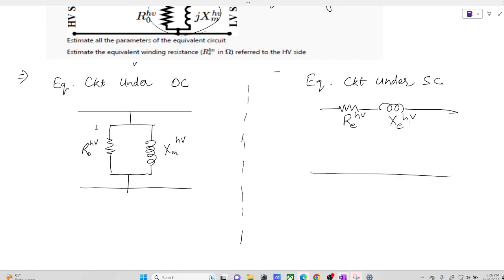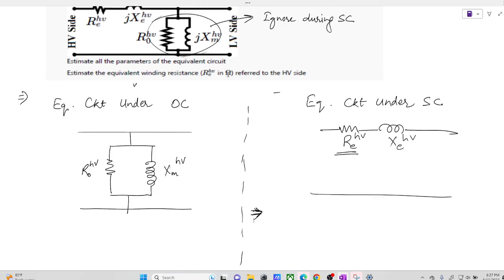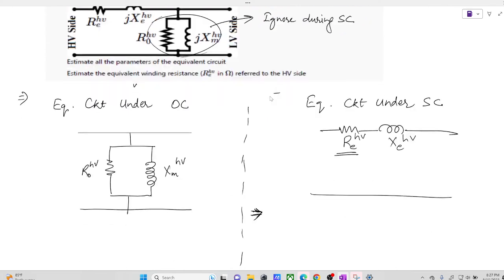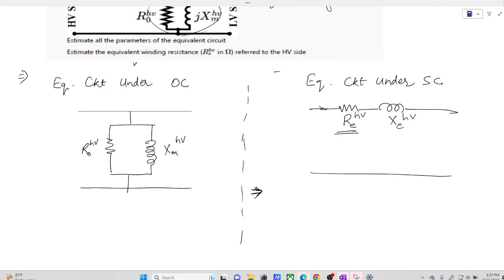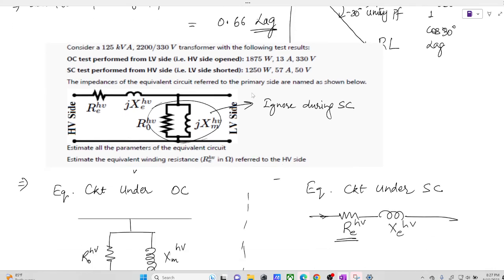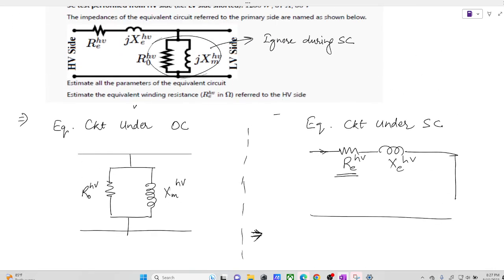Now they have asked for the equivalent winding resistance referred to the high voltage side, so this part they have asked. The current value is given as 57 ampere.